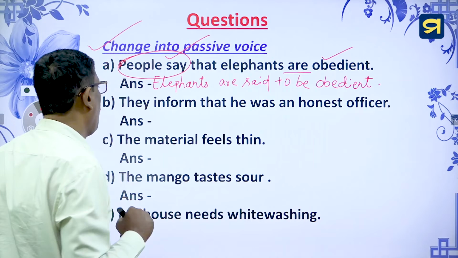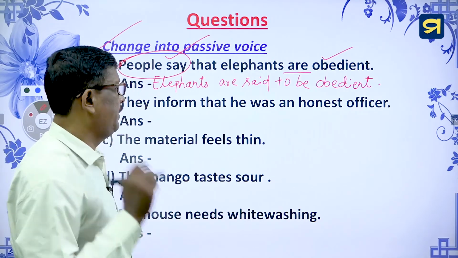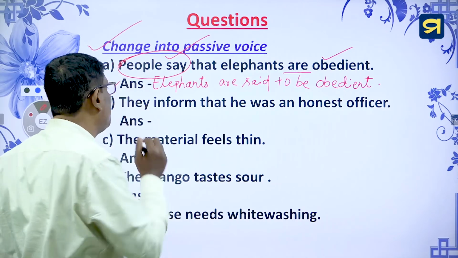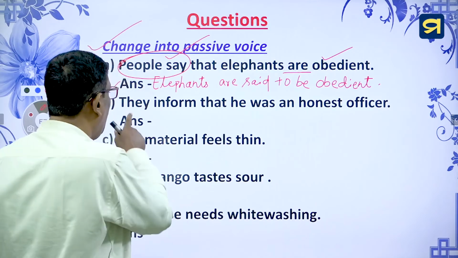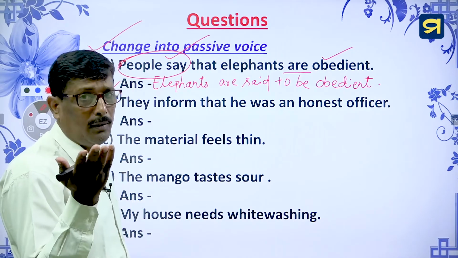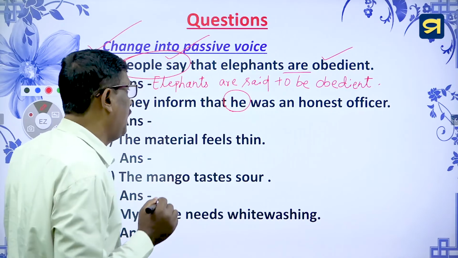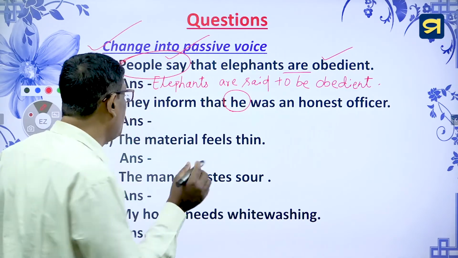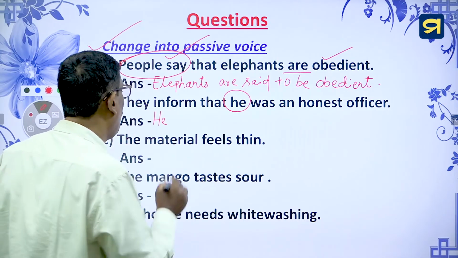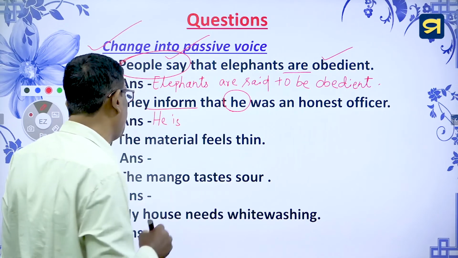Next, number 2. They informed that he was an honest officer. In this way, that means we will change the sentence in two ways. It is informed that he was an honest officer. In this way you can change. But when you write the subject of that clause in the beginning of the sentence, how can you change? He. Followed by is. Why is is used? Because it is in simple present tense.